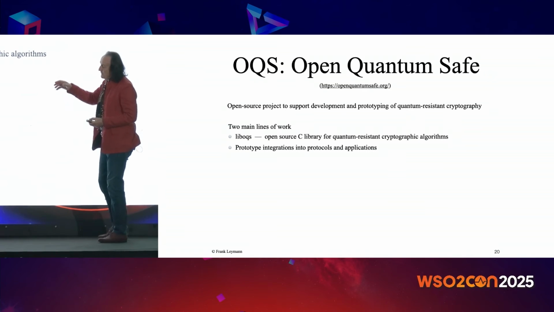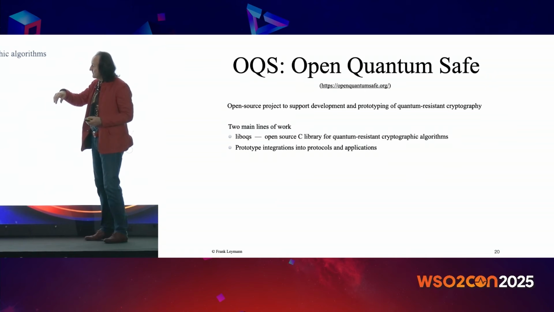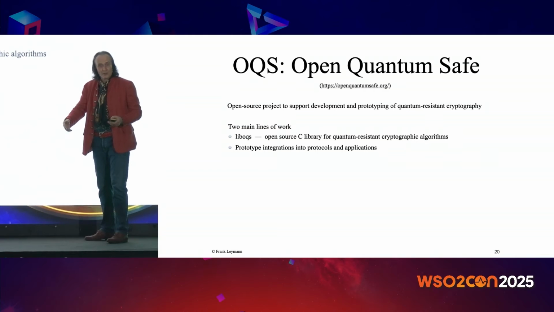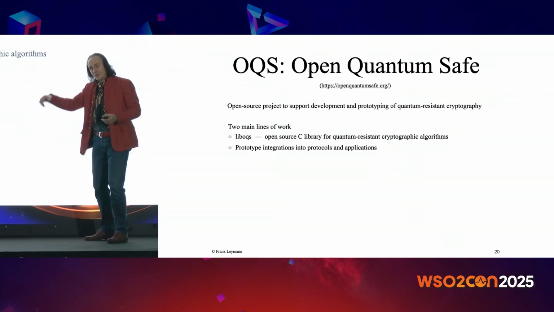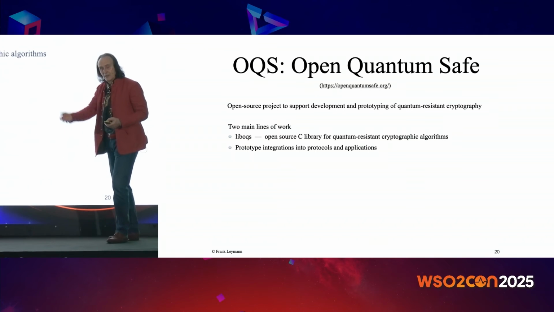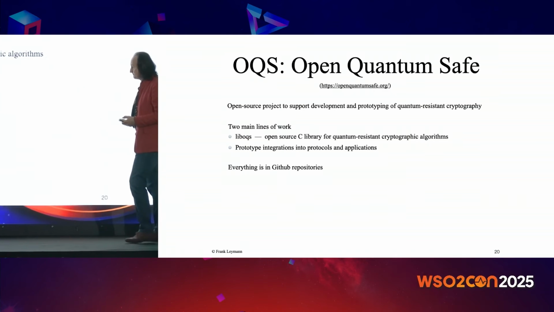And they prototype by using these open source implementations in protocols like TLS and SMTP and so on. So they implement the algorithms for everybody to use, and then they fold them into the underlying protocols, so that your SSH and so on are basically already made quantum safe as a prototype.